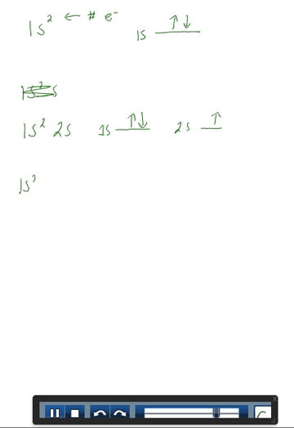If we have 1s², 2s², that would be a way of representing 2 electrons in a 1s orbital and 2 in a 2s orbital. For our boron atom, we would have this shorthand notation for that diagram.